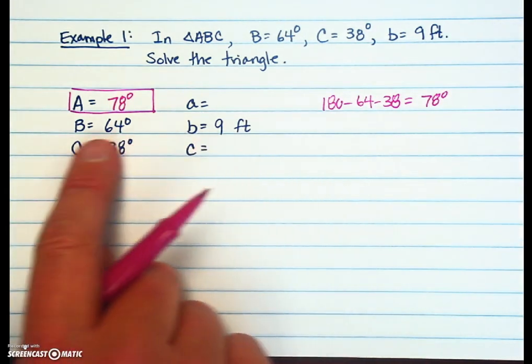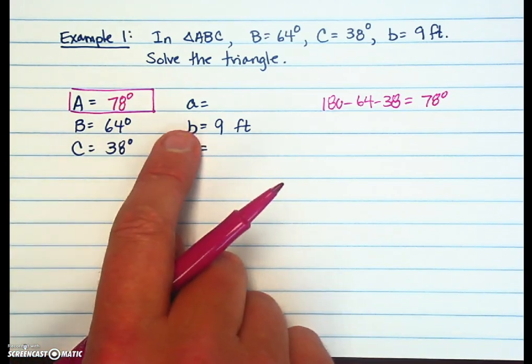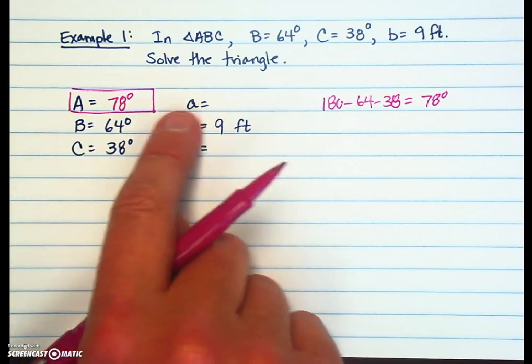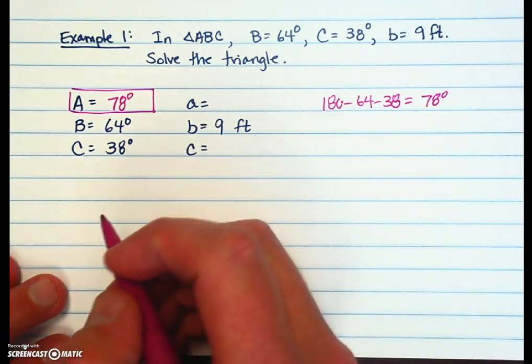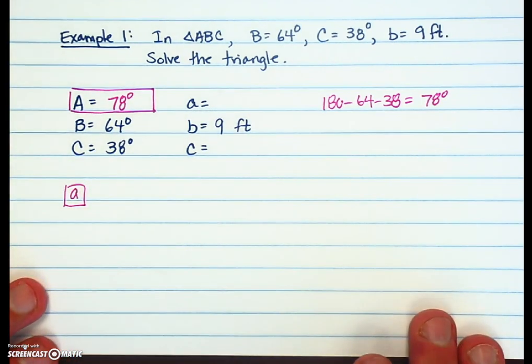Now, we need to find lowercase a and lowercase c. I'm going to use the law of sines because I know capital B and lowercase b. So the first thing I'm going to do is find lowercase a.